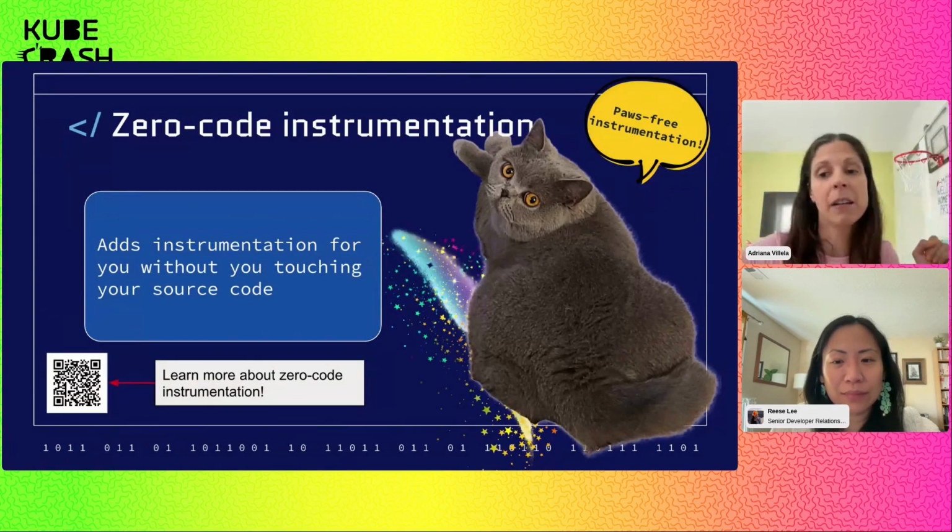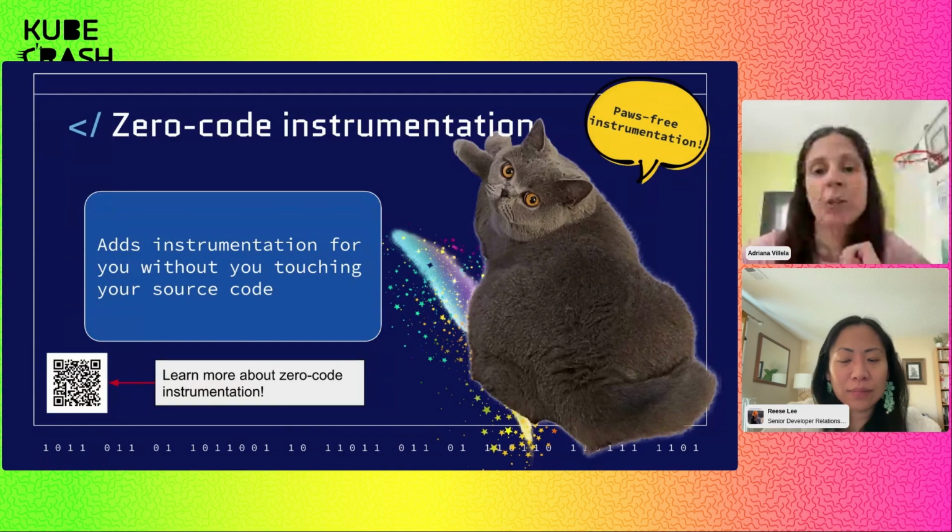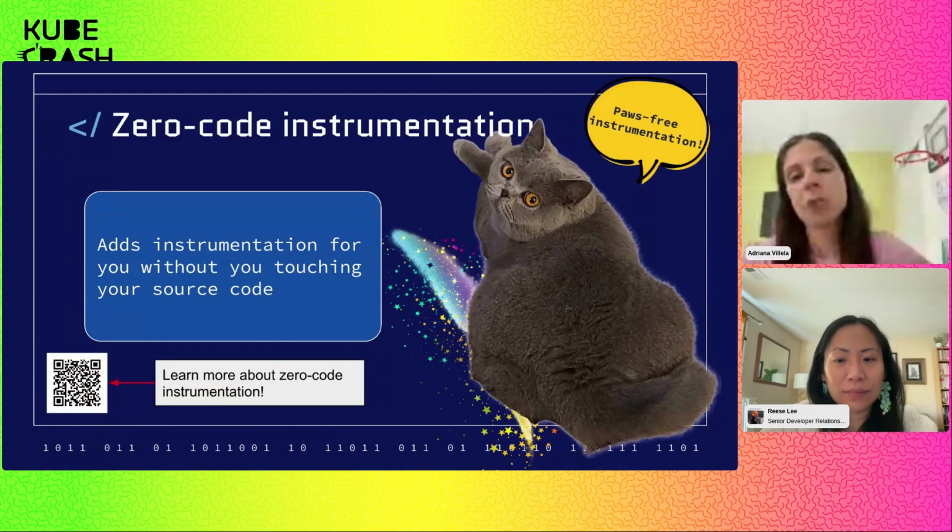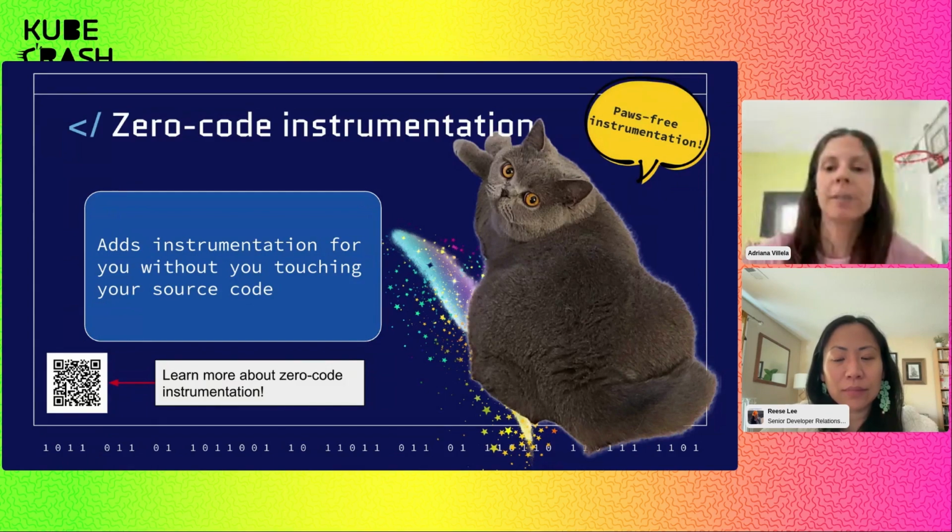So think Python Flask, for example. And at the time of this talk, auto instrumentation is currently available for Java, Python, .NET, JavaScript, PHP, and Go. And you can scan the QR code on your screen to learn more about zero code instrumentation.